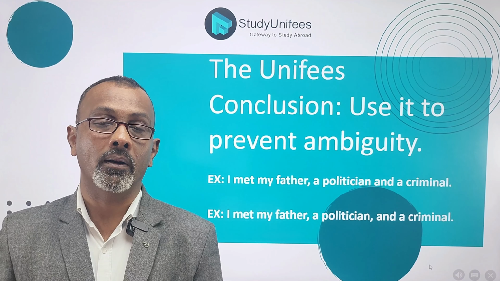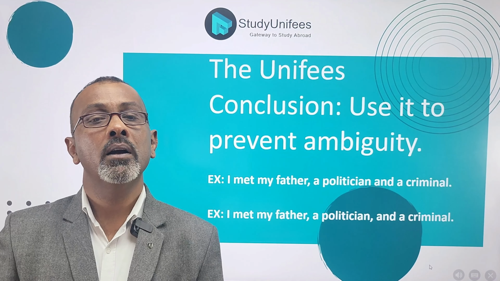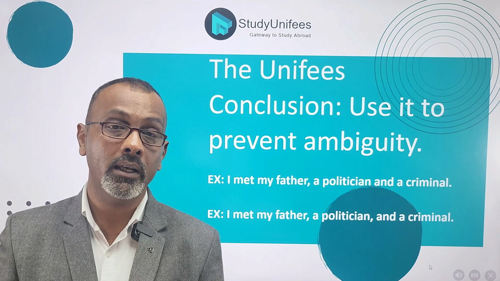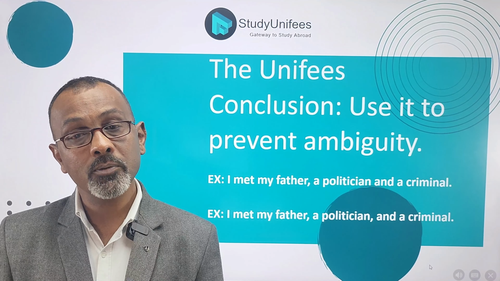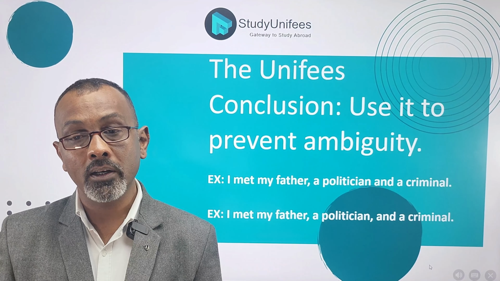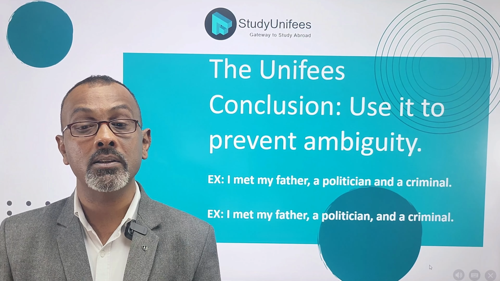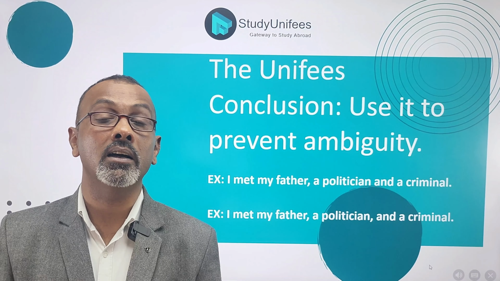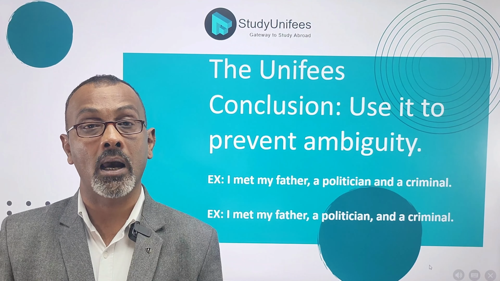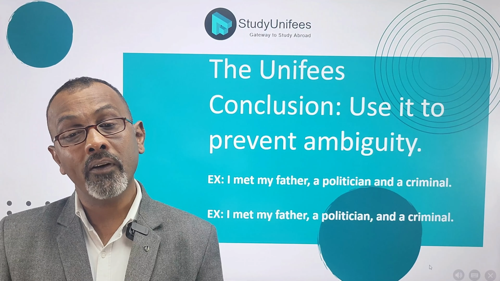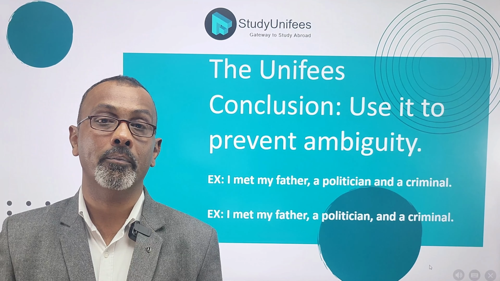This is one example where the Oxford comma is absolutely necessary. There's a difference in meaning in these two sentences. Look at the first example. I met my father, comma, a politician and a criminal. Here, this sentence actually means that the writer's father is a politician and a criminal. Now look at the second example. I met my father, comma, a politician, comma, and a criminal, full stop.